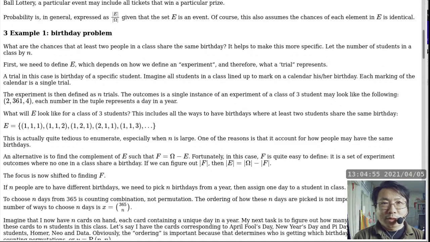But in probability calculations, there's no such thing as lucky or unlucky, because we are really just looking at probability. So that is the birth date problem.